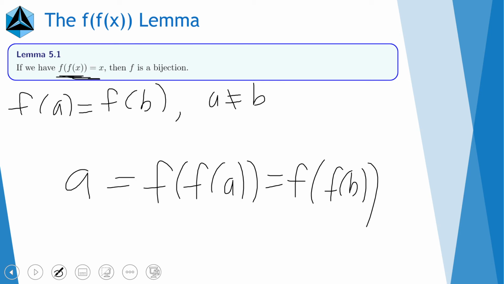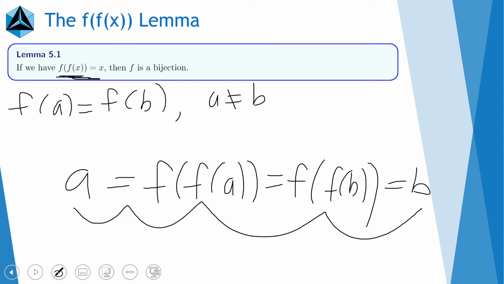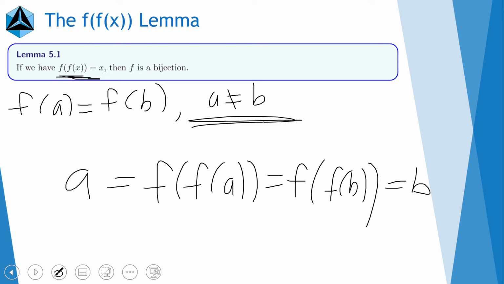Then we can also put here that this is equal to b, because f of f of b is equal to b. This is a contradiction. a is equal to that, which is equal to that, which is equal to b. But a cannot be equal to b by our assumption. So our function is indeed injective.